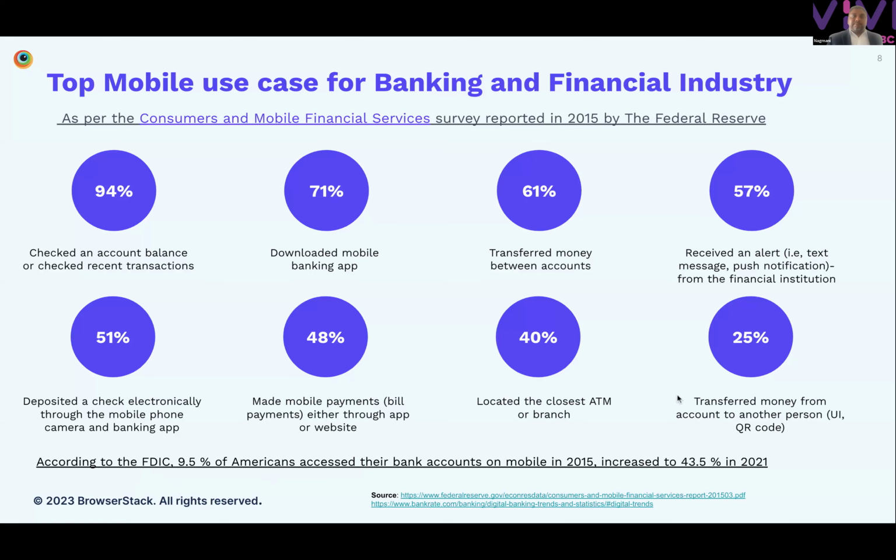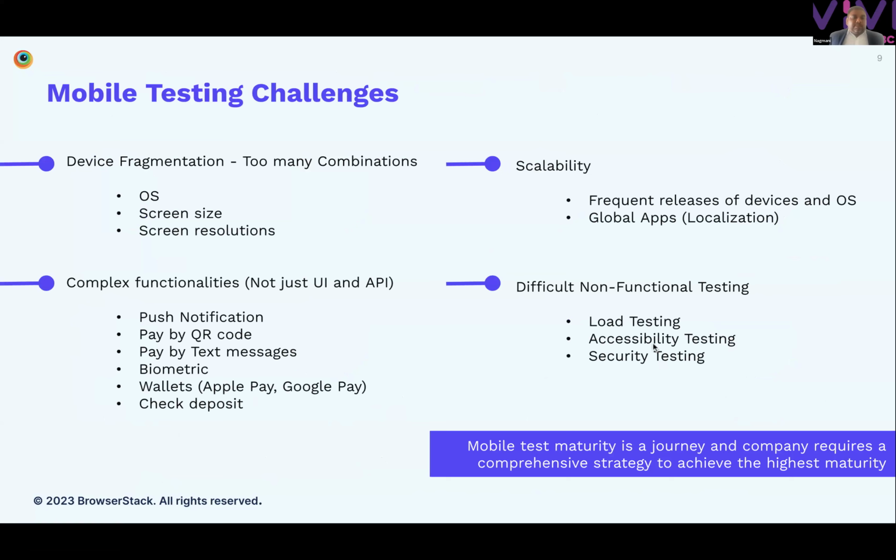Let's talk about that. As I mentioned earlier, mobile testing is not only UI and API, like we mostly do in our desktop testing. When we talk about mobile testing, we talk about different complexities.